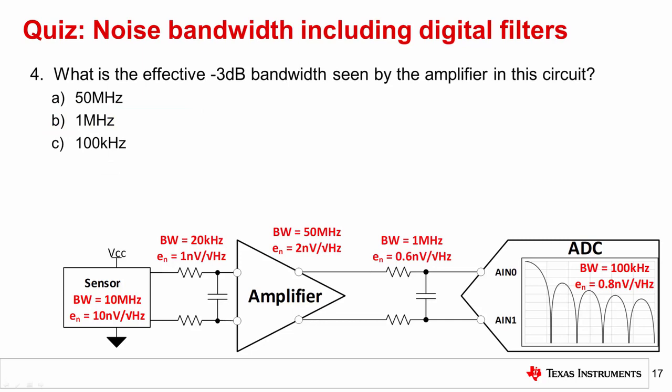What is the effective negative 3 dB bandwidth seen by the amplifier in this circuit? The correct answer is C, 100 kHz. Similar to the last question, the effective bandwidth seen by any component in a signal chain is generally the lowest bandwidth filter that follows that component, which in this case is the ADC's digital filter.